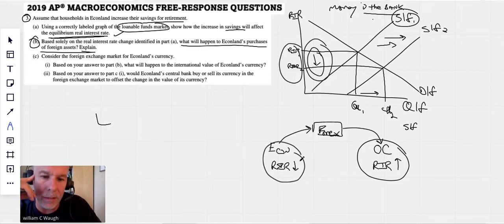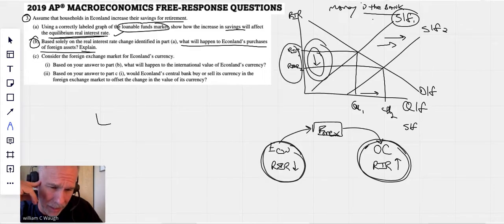The understanding, though, is that if one country has a low real interest rate, relatively the other countries must have higher real interest rates. So capital will flow out of Econoland and flow into these other countries. So there's going to be more assets. What will happen to Econoland's purchases of foreign assets?